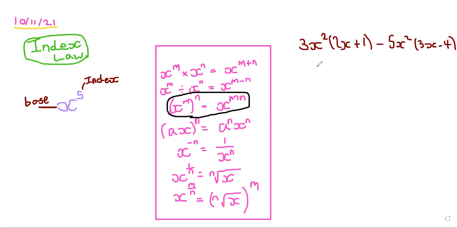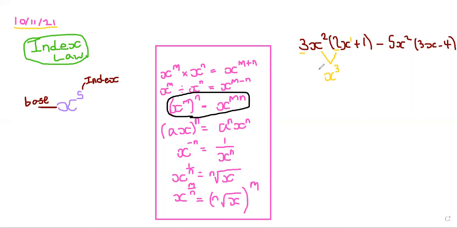So let's have a look on the left. What we've got here is 3x squared times 2x. And remember that x is just x to the power of 1. So when you're timesing powers, you add them. So what we're going to get is x to the power of 2 plus 1, which is 3. But another important thing to notice, because both these x terms have a coefficient, which is a number before it, you have to multiply those together as well.